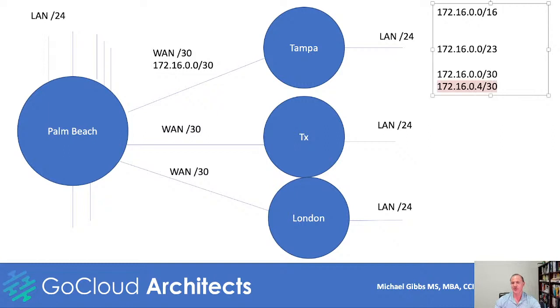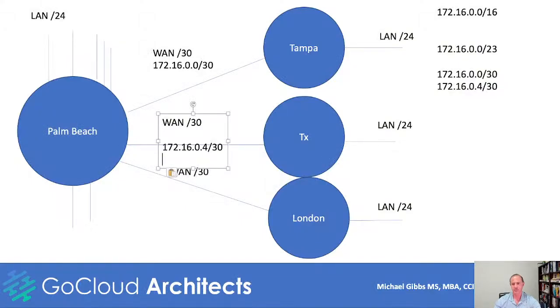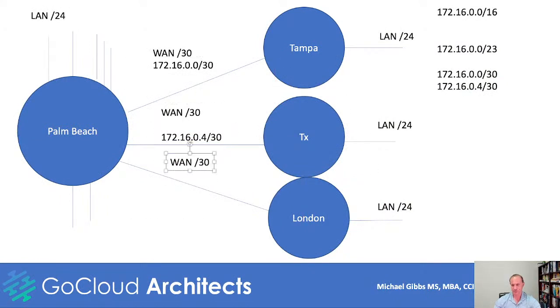So I'm going to pop this over here. Then I'll go here for the next /30. I'm going to do the next one, which is going to be a 172.16.0.8/30.